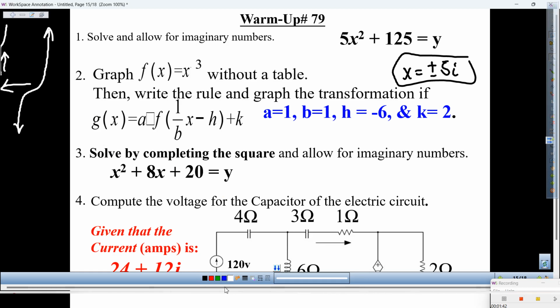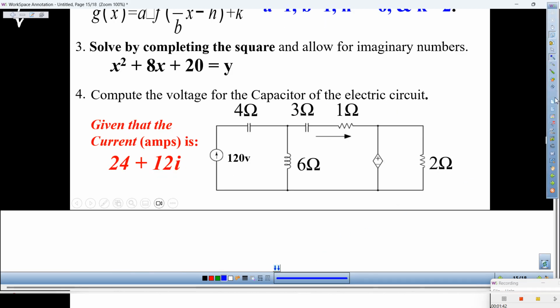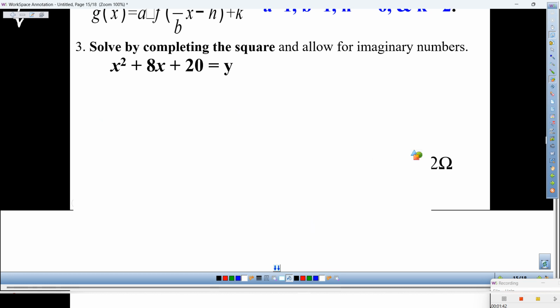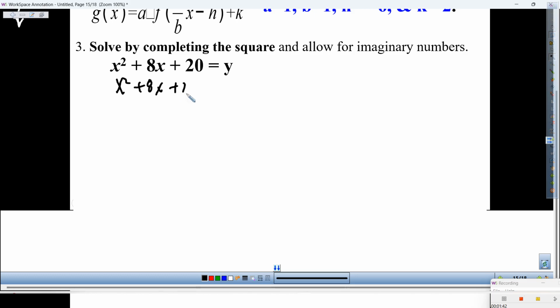All right. Number 3, by completing the square. Let me go over that one because you will need that for today's lesson. That's why I gave you last night's homework, completing the square, some practice. Here it goes. Set it equal to 0. From there, divide by the leading coefficient. X squared plus 8x plus 20 equals 0, minus 20.